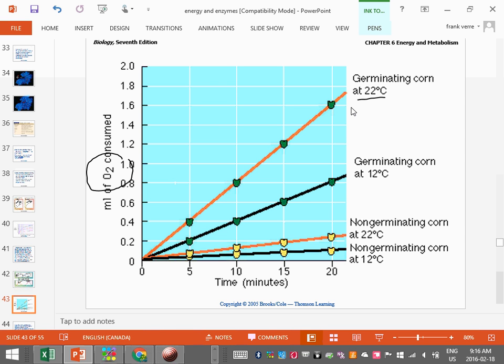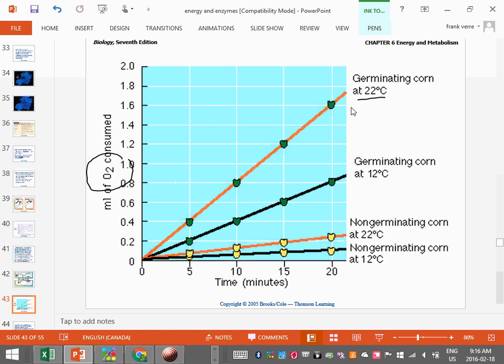Because guess what it ain't got? It doesn't have leaves. So when a plant's growing, it's using its food. A seed has food in it, so it's using up the food, and it does the same thing that you and I do. It converts food into fuel by using oxygen.